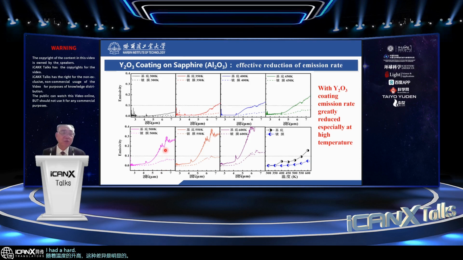At a higher temperature, without a coating, your emissivity goes up drastically, but the emissivity with coating is very slowly increasing. Finally, take a look at this, which shows from 300 to 600. The upper line is without coating. The lower line is with coating. So obviously with coating, the emission rate is greatly reduced, especially at high temperatures.